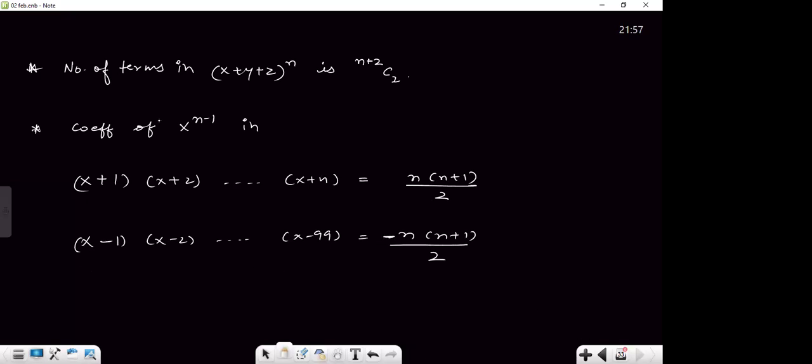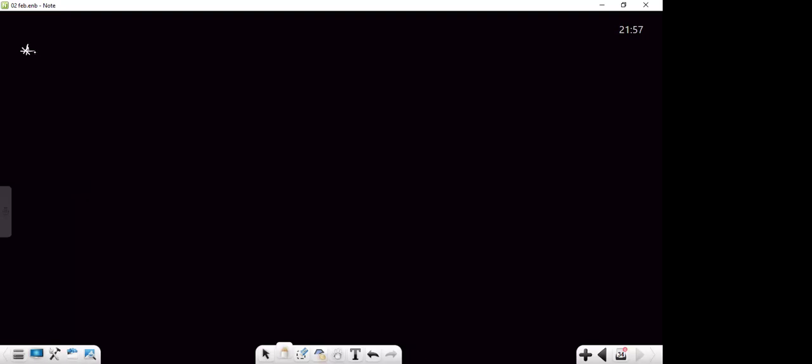Okay. One more important previous year concept is the number of terms. You have to find out the number of terms in (x plus y) raised to power n plus (x minus y) raised to power n.